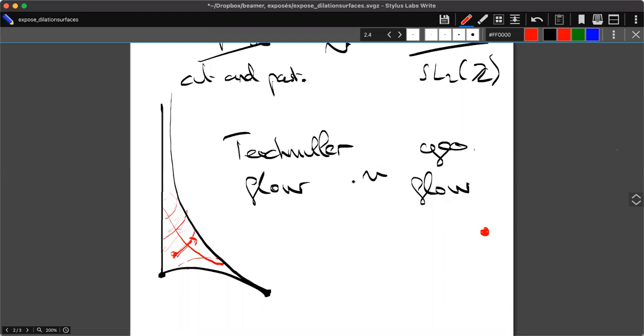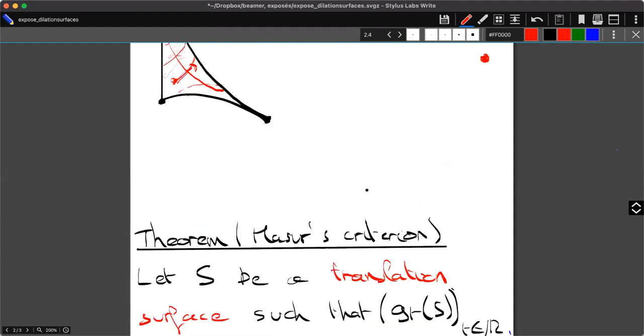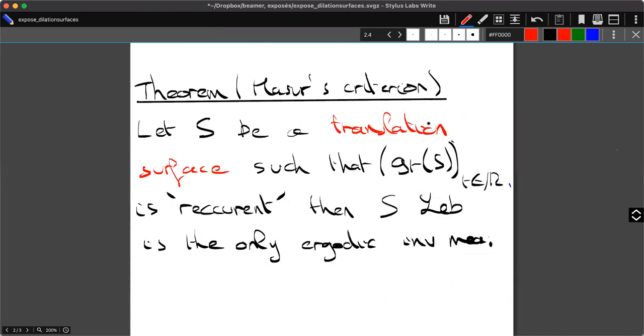So maybe why have I introduced all that kind of stuff? It is to speak about this theorem, which is called Masur's criterion. It asserts that if you have a translation surface, so it's a dilation surface, but for which the polygon that you've considered is glued with translation maps instead of affine maps, so with a = 1, translations of the plane.